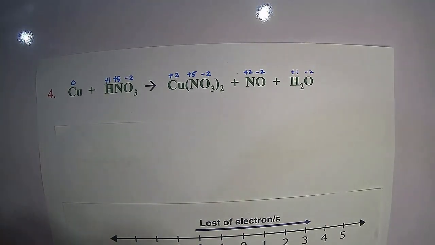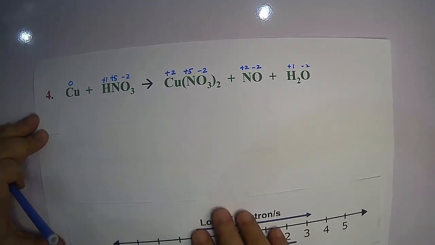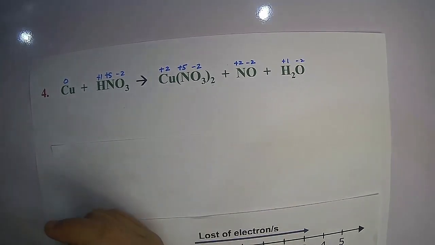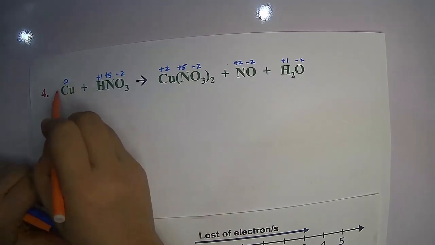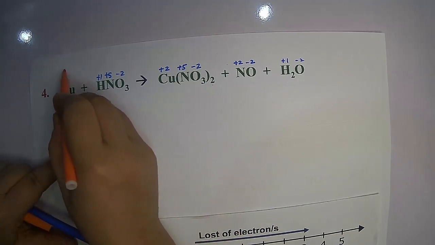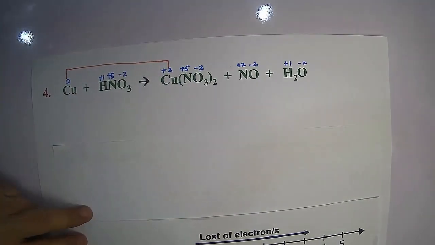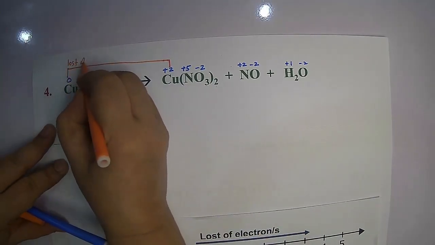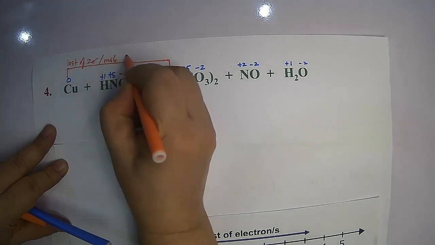Now, examine carefully which two elements change oxidation number. Obviously, you pinpoint here your copper from 0 to +2. From 0 to +2, that is a loss of 2 electrons per mole of copper.